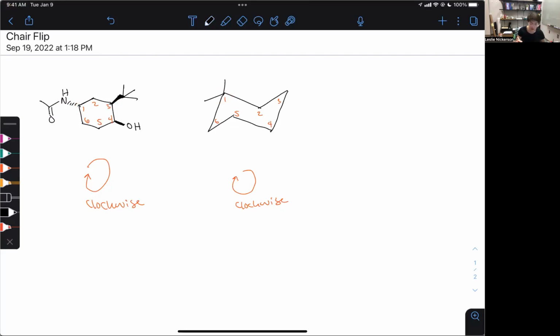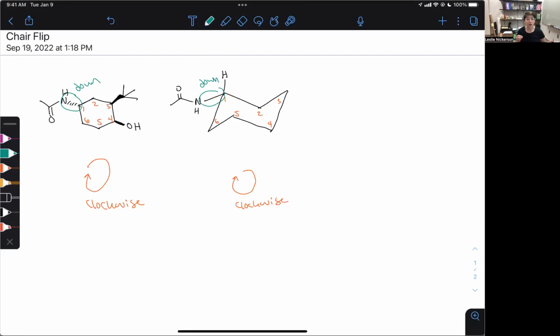If you're not sure about how to do that, I always like to draw on my axial substituent. This is very clearly up. So the nitrogen, and then we've got our amide. So this is down, so this is down.